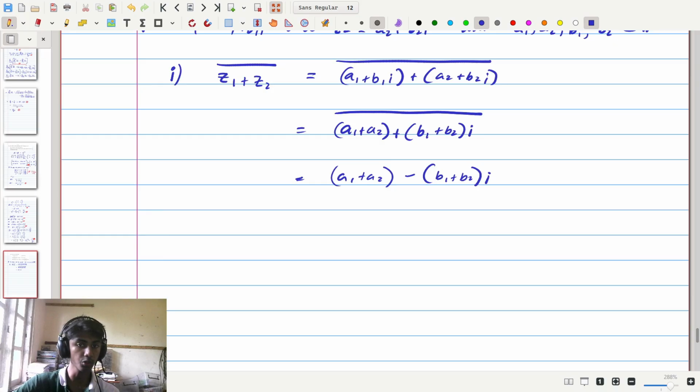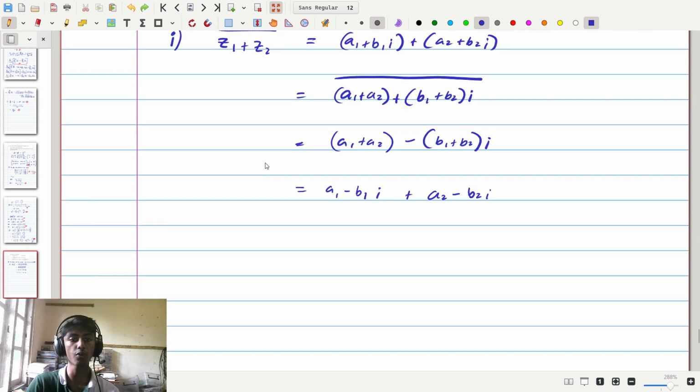With this, we can now rearrange these into the form A1 minus B1i plus A2 minus B2i. The reason we did this is because A1 minus B1i is simply Z1 conjugate and A2 minus B2i is Z2 conjugate.